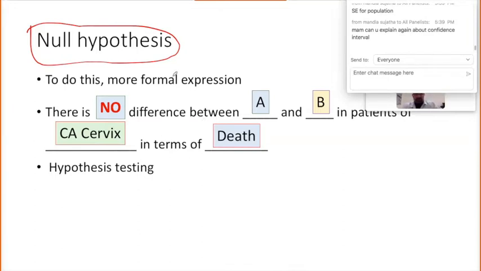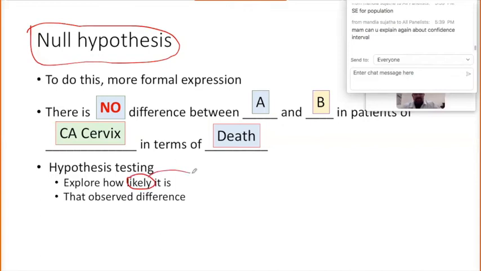So when we are saying a null hypothesis, that means we artificially state that there is no difference. And to test this, we do what is called hypothesis testing, which will explore how likely it is that the observed difference, how likely means, likely ka matlab, so likely can be said in terms of probability.